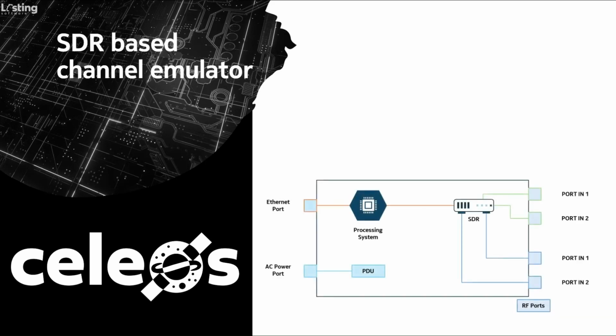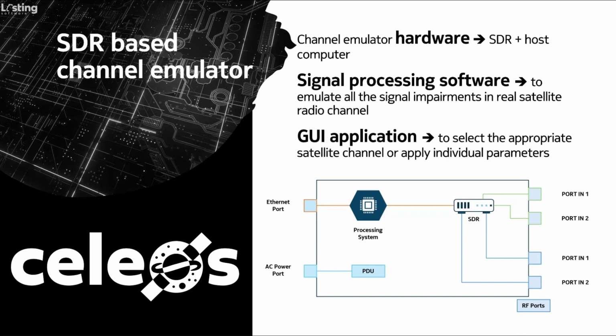The structure of the proposed SDR-based satellite radio channel emulator is described in the high-level block diagram. The main components of the channel emulator are: the channel emulator hardware device, which includes a software-defined radio module and a host computer; signal processing software, which is software modules to be included in the SDR and host computer to emulate all the signal impairments in a real satellite radio channel; and the graphical user interface application, which allows users to operate the channel emulator and to select the appropriate satellite channel or apply individual parameters.